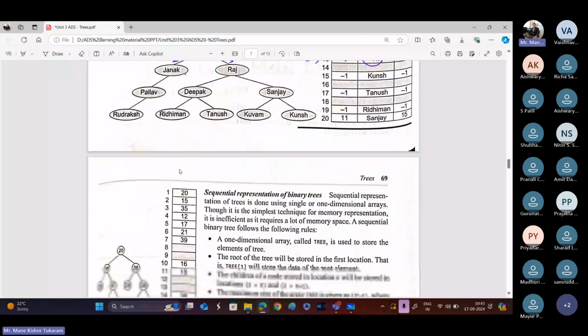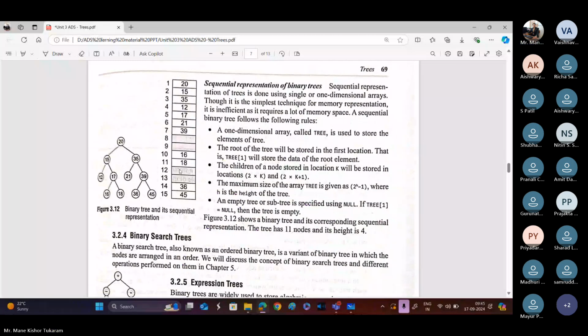And the next one is the sequential format. So what does sequential format mean? The sequential representation of the tree is done using a single, one dimensional array.